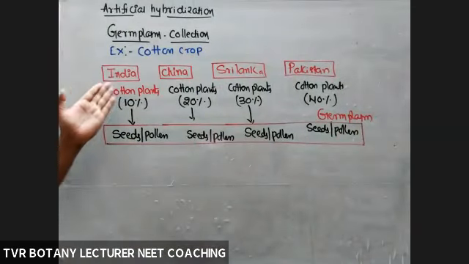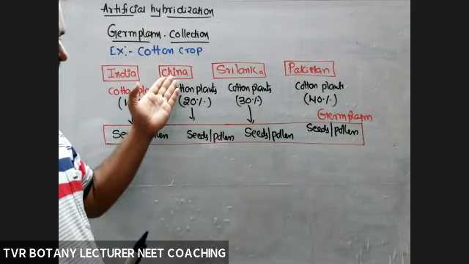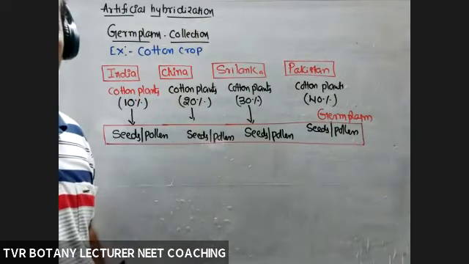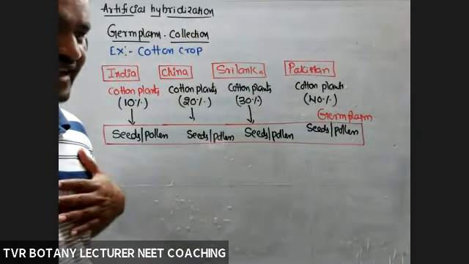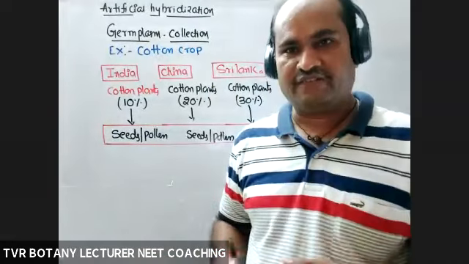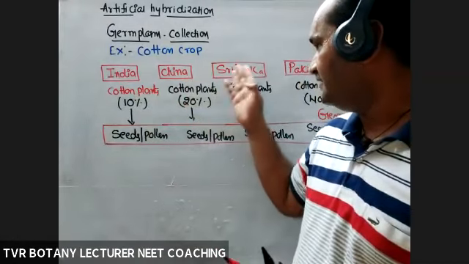Okay, one desirable parent is present in India. One more desirable parent is present in China, Sri Lanka, Pakistan, America, some other countries. Our objective is artificial hybridization, to perform sexual reproduction, two individuals are required or not. Parent one in India, parent two in China, Sri Lanka, like that.